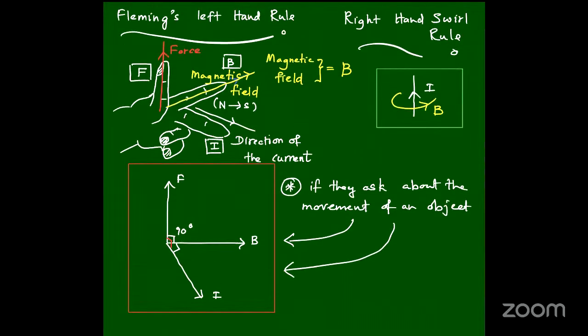If they ask about just the magnetic field and the current, then you are going for the right-hand swirl rule. And when you are using the left-hand rule, it's better to write that point as well, using Fleming's left-hand rule. Then you can judge the values.